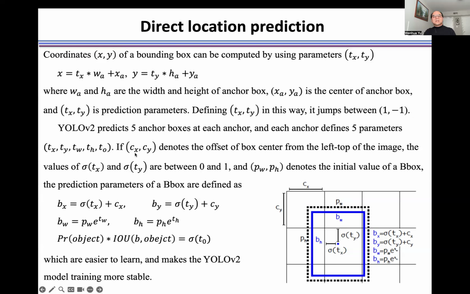If cx and cy denote the offset of a bounding box center from the top left of the image, as shown here, the values of sigma tx and sigma ty are between 0 and 1, and pw and ph denote the initial size of a bounding box. The prediction parameters of a bounding box are defined as here, which is easier to learn and makes the YOLOv2 model training more stable.